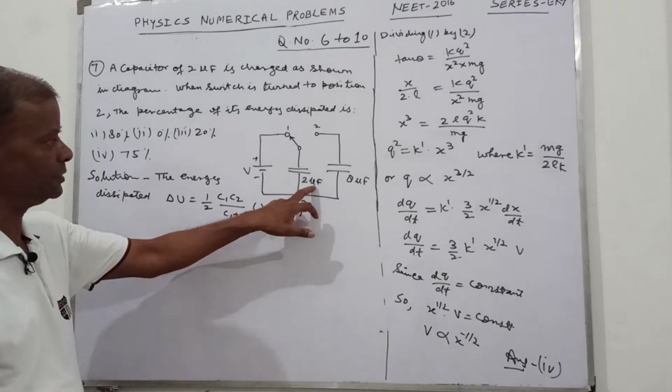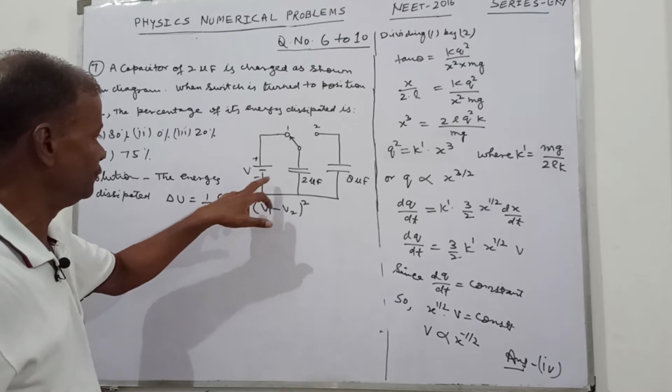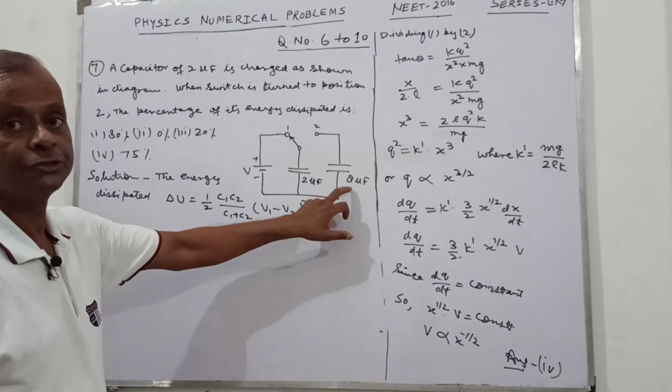This is given C1, this is given C2, and V1 is equal to now V and V2 is equal to 0 for this one.